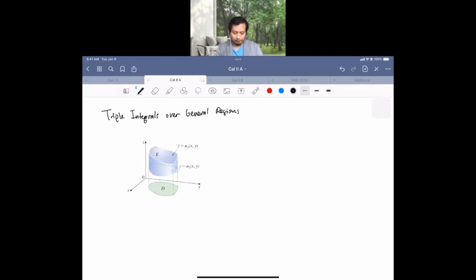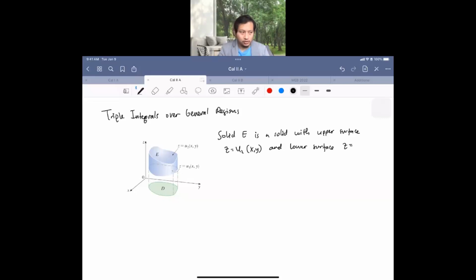Let me write here that this solid E is a solid with upper surface z equals u2(x,y) and lower surface z equals u1(x,y).